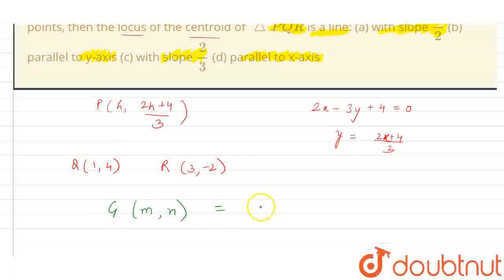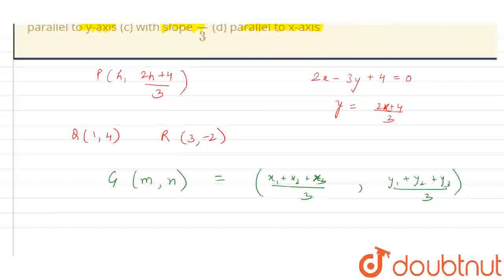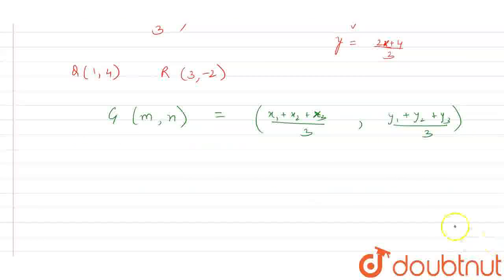We know the formula for the centroid of a triangle, which says (x1 plus x2 plus x3) upon 3 comma (y1 plus y2 plus y3) upon 3, right? So these are the x and y coordinates for the centroid of a triangle.